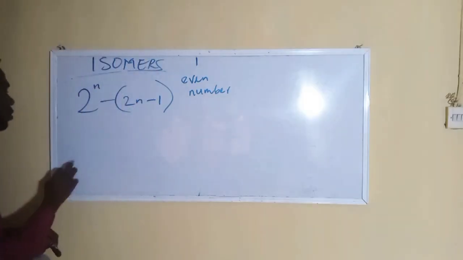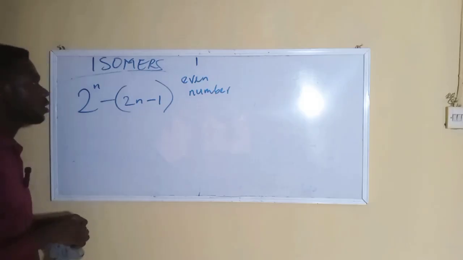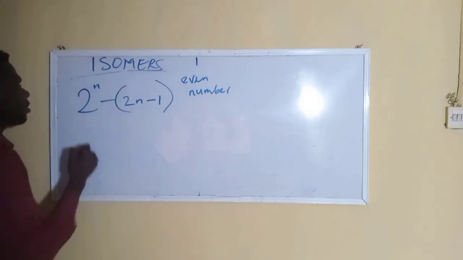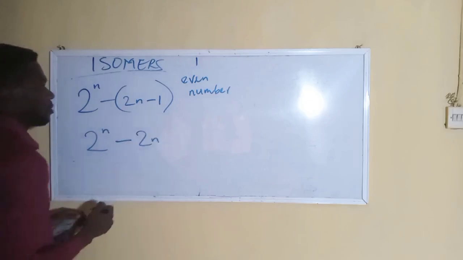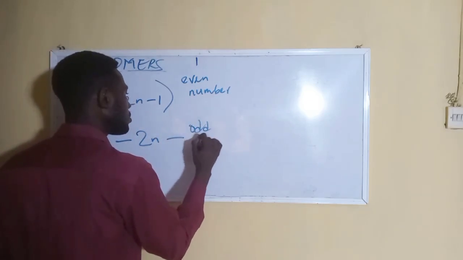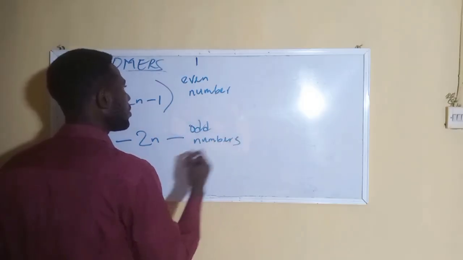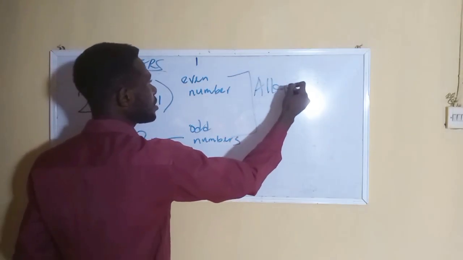But if you are talking about alkynes with an odd number of carbon atoms, you're going to work with 2 raised to power n minus 2n. Now this is for odd numbers. Remember, this is for alkynes.